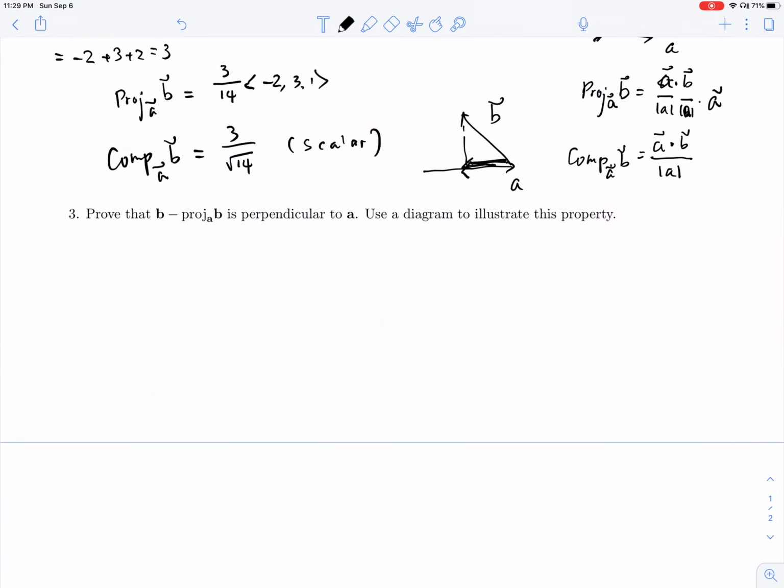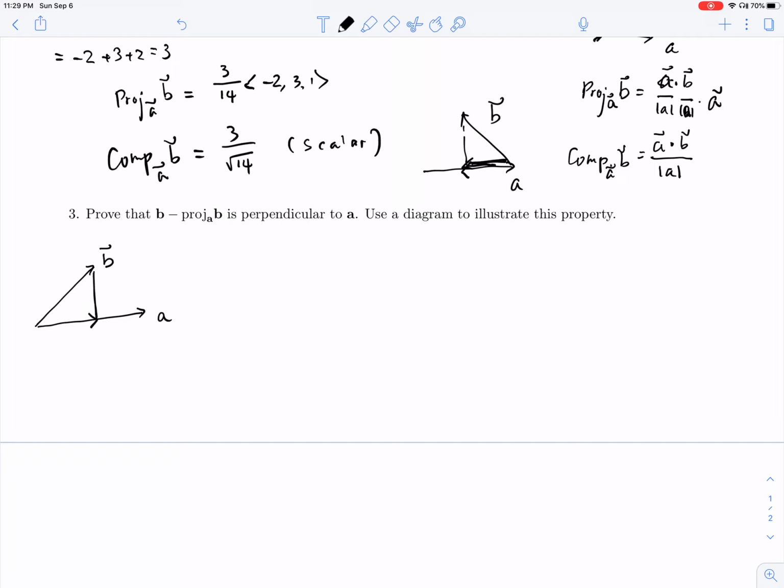Now, the last problem over here is just based on our observation. If you look at what we have over here, this is A, right? And this is B. Okay. So if we project down over here, then we have a vector over here.